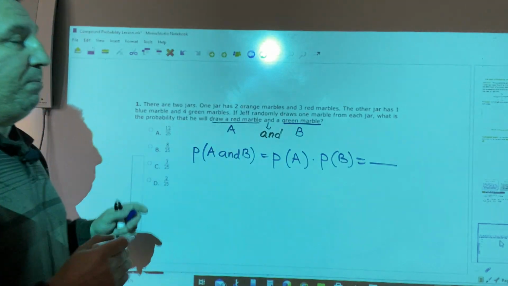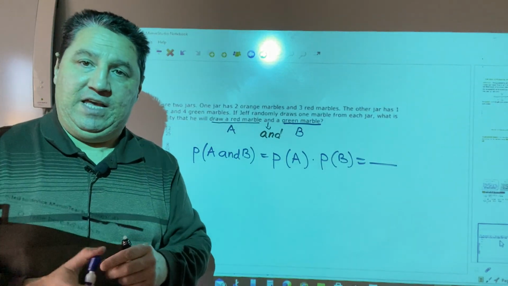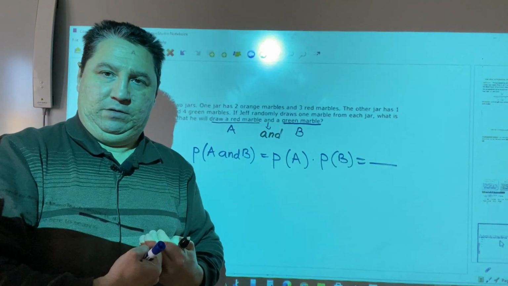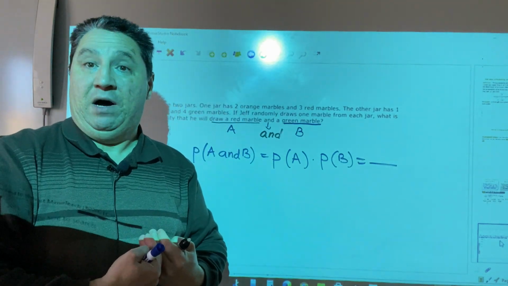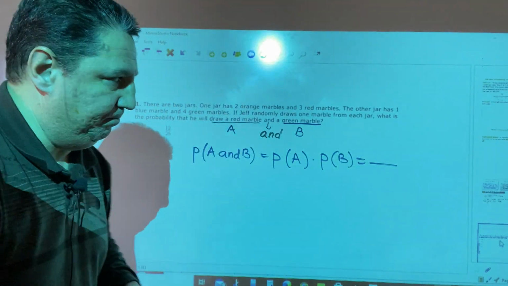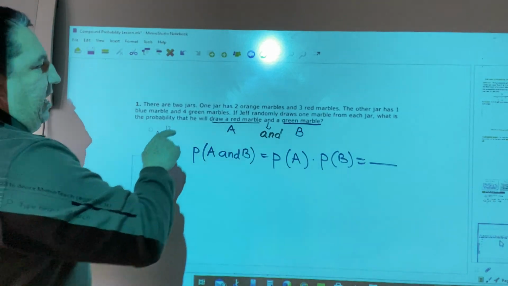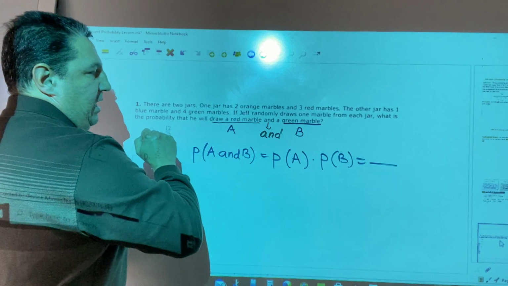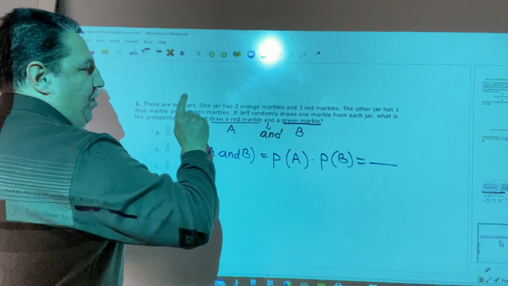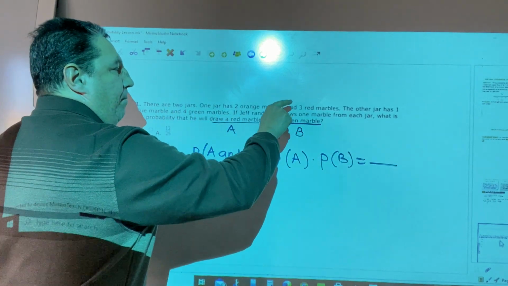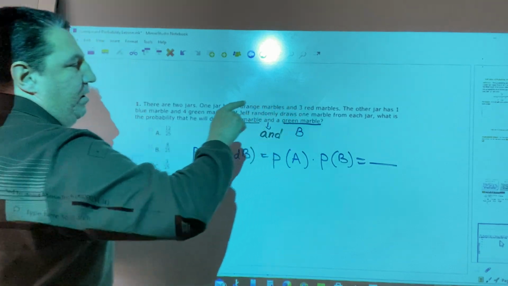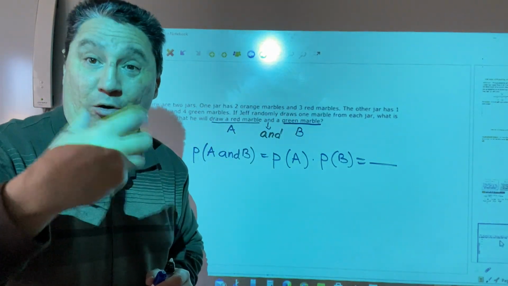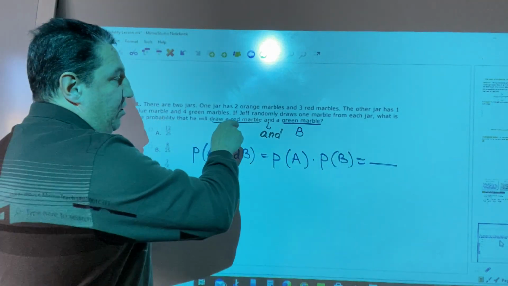As we know, the probability of an event is the number of favorable outcomes over the total number of possible outcomes. If we look at the first jar, there are in fact three possible favorable outcomes to get a red marble.